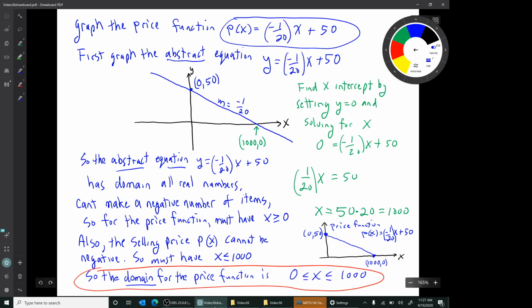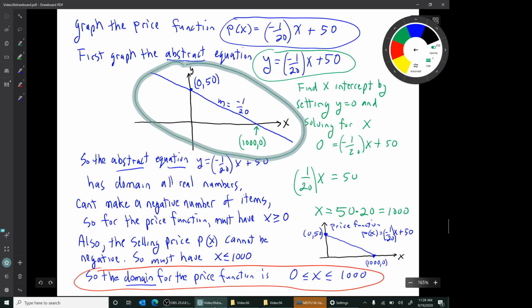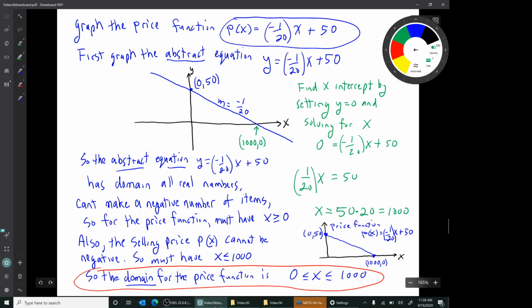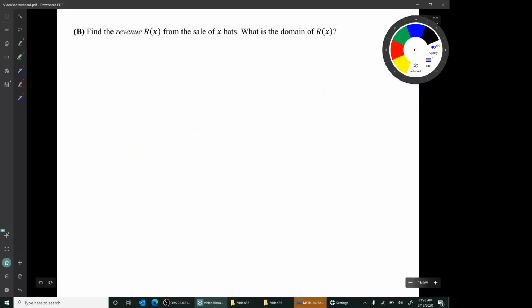So the abstract equation, y = -1/20 x + 50, is this line that goes on forever in both directions. But when we think about the price function, it has the same formula, but it has a restricted domain. Question B. Find the revenue from the sale of x hats.